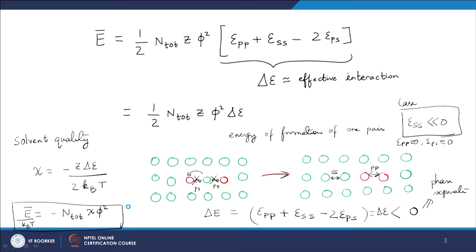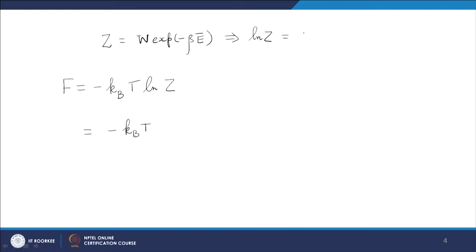So, Z is now W exponential of minus beta E bar, and I know by the statement we have made earlier that the Helmholtz free energy is minus kBT of ln of Z. From here what we get is minus kBT ln of Z will be ln of W minus beta E bar from here.